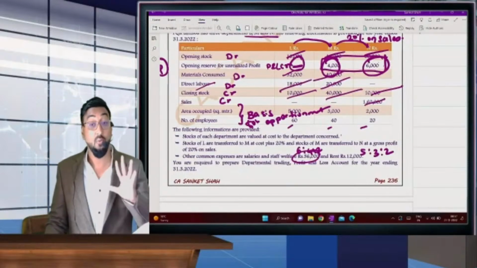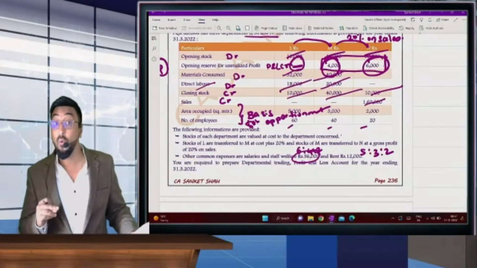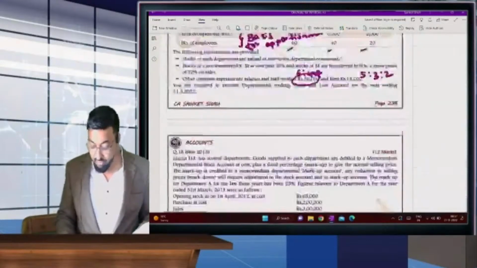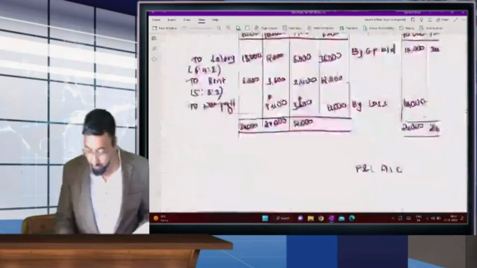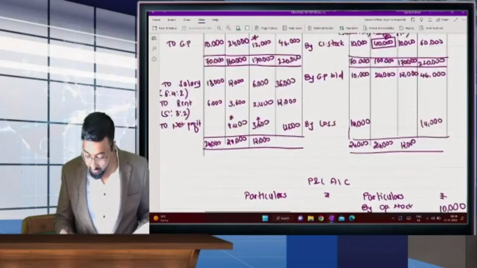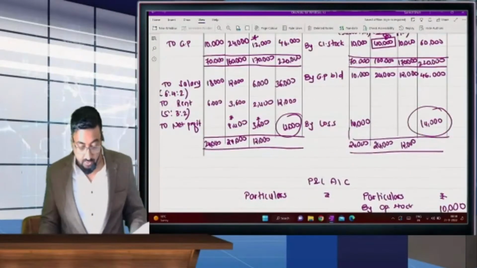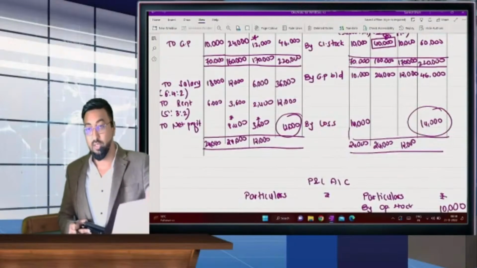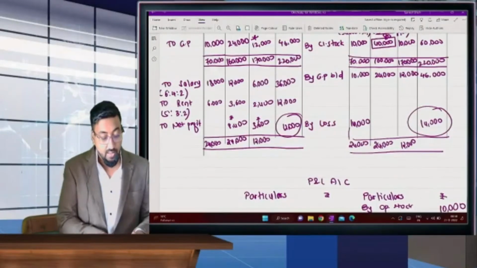Okay, so this is now very confusing. Now closing stock calculation is very interesting, so understand it. Before that, I will write: 12,000 is profit, 14,000 is loss. So my net loss is rupees 2,000.